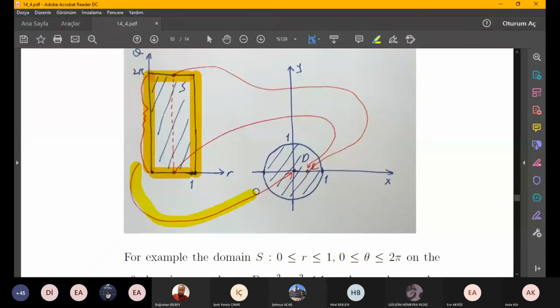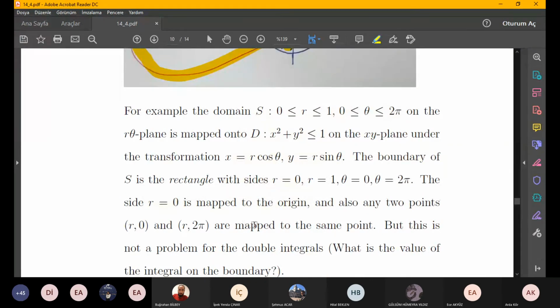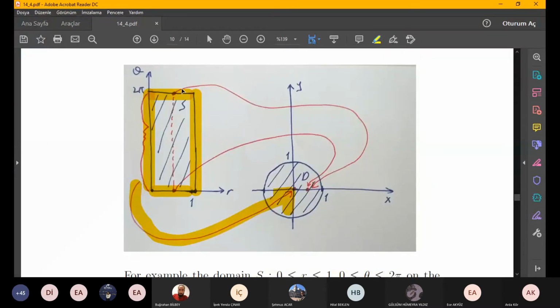And also any two points at theta equals 0 and theta equals 2 pi, where r can be any value between 0 and 1. So those two points, this is (r, 0), that one, and this one is (r, 2 pi), let's suppose.